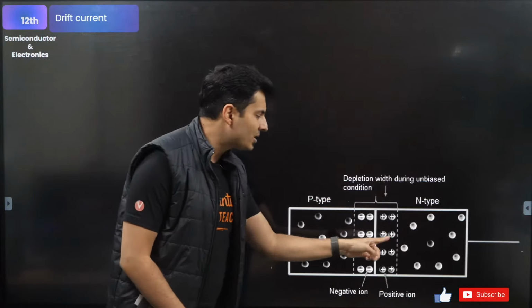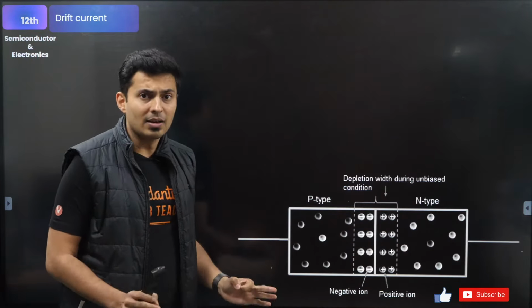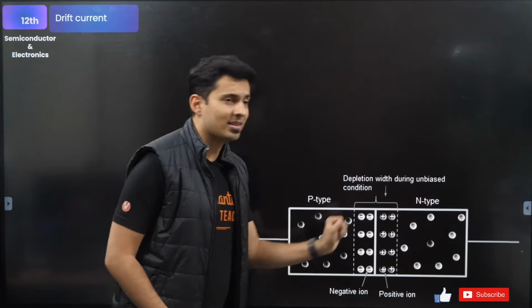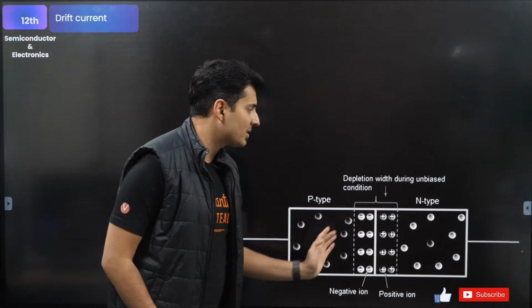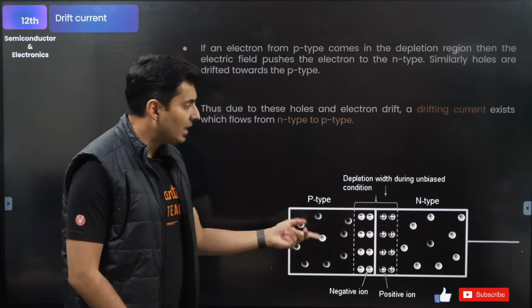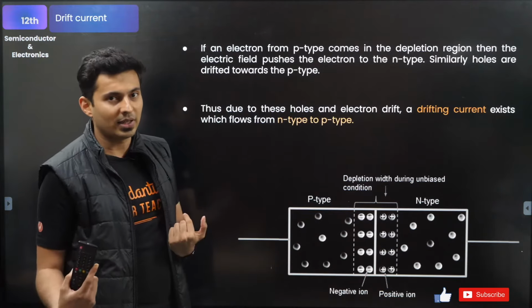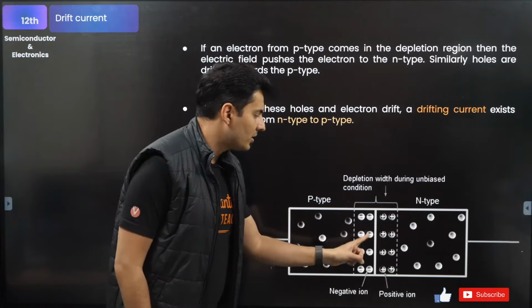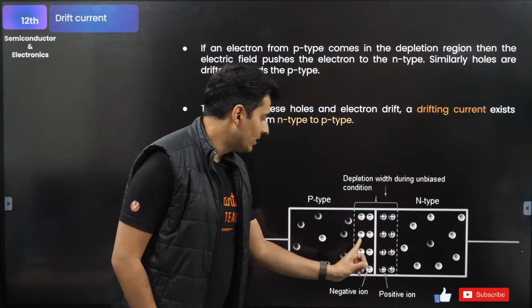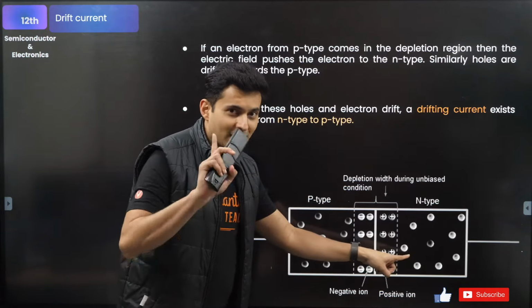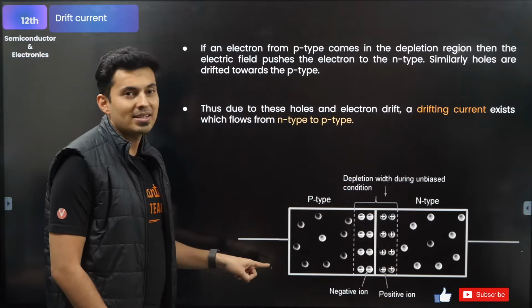So these electrons which will be freed at any given point of time will be forced towards this side. This process is called drifting, and the current produced by that is called the drift current. So the electrons or the negative charges go from the p side to the n side, so the current flows from n to p side.